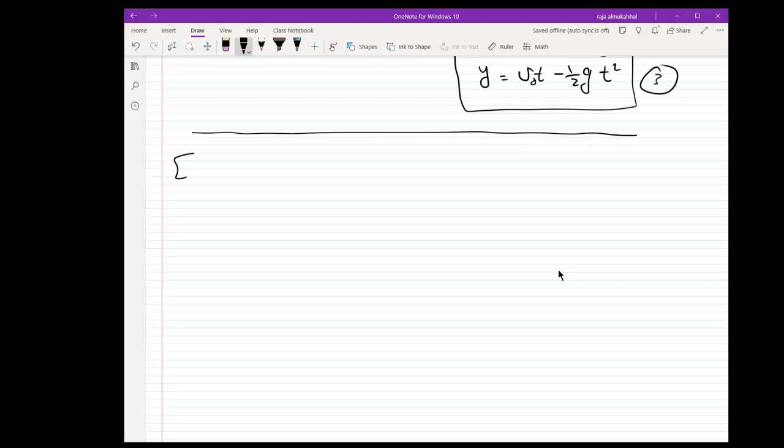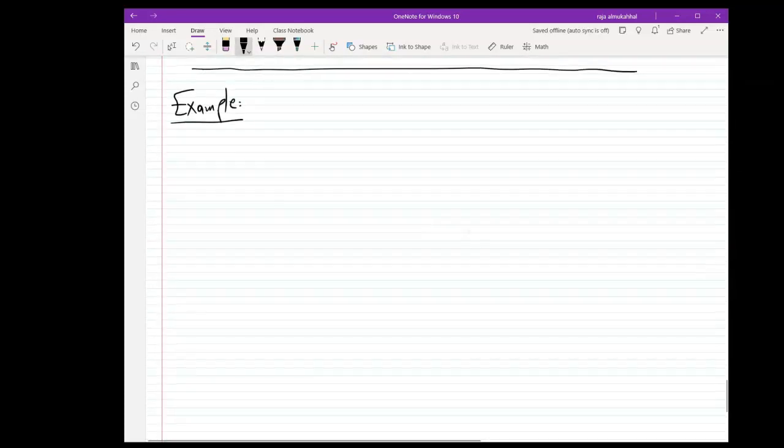So here is an example for you. Suppose I am standing on top of a building. Hold on, let me just draw it here. I need some height. Suppose I'm standing on top of a building, or on top of, say, a hill or something like that. I have an object in my hand, and I want to throw the object directly upward.